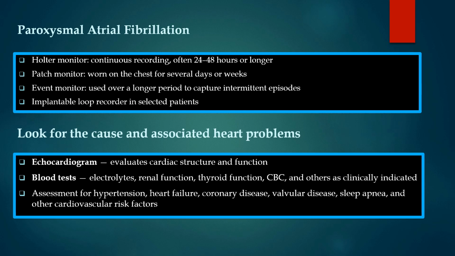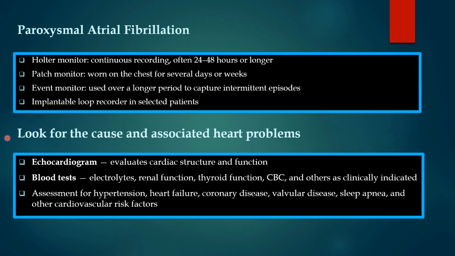But if the symptoms are intermittent, for instance in paroxysmal atrial fibrillation, we can place the patient on a Holter monitor, patch monitor, or event monitor, which continuously records the ECG, often for 24 to 48 hours or more. An implantable loop recorder is also considered in selected patients.